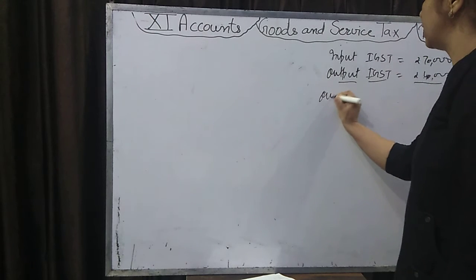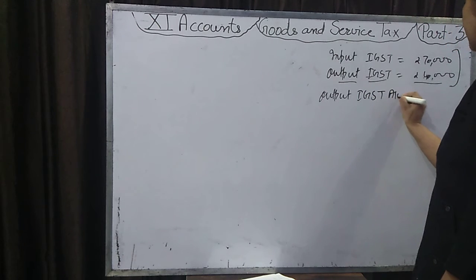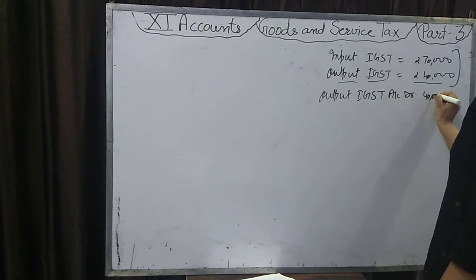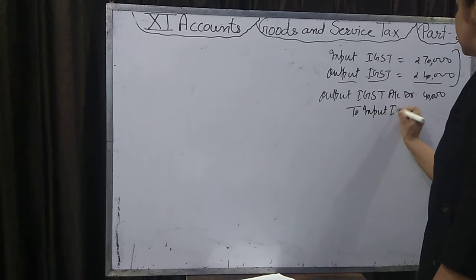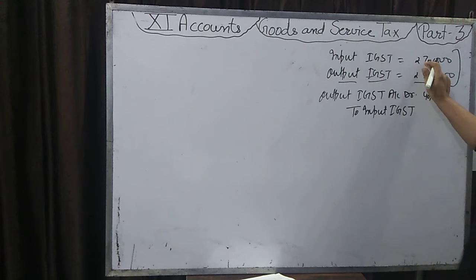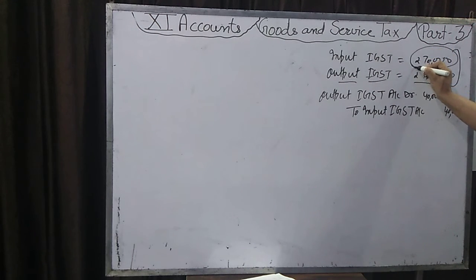Then which entry will be passed? This is known as the adjustment entry: output IGST account debit 40,000 to input IGST. We are having input IGST 70,000, so we can adjust the whole amount of output IGST from input. So now we will pay nothing to the government from IGST. But what will we do about the 30,000 balance of input IGST?